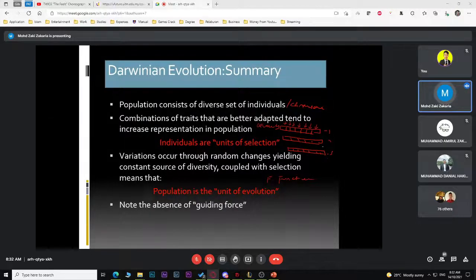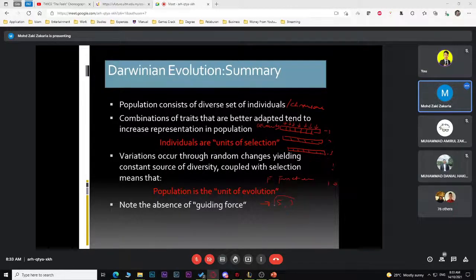So for example, we have 10 chromosomes, 1, 2, 3, 4, 5, up to 10. We need to evaluate every single chromosome: quality of chromosome number 1, quality of chromosome number 2, till chromosome number 10. After that, we do comparison. For example, chromosome number 3 and number 5 are the best, with the highest value compared to 1, 2, 7, and so on.